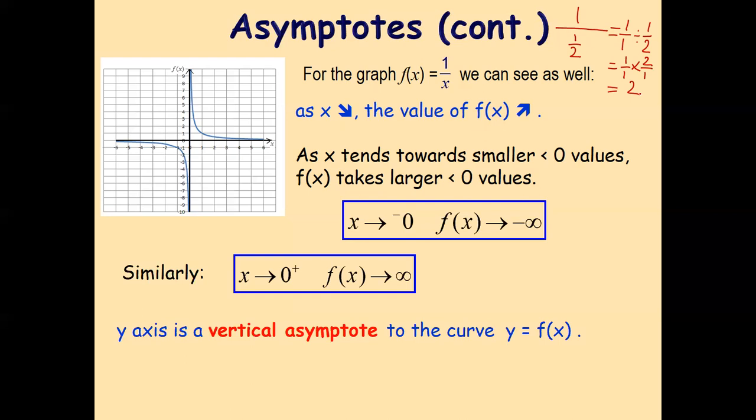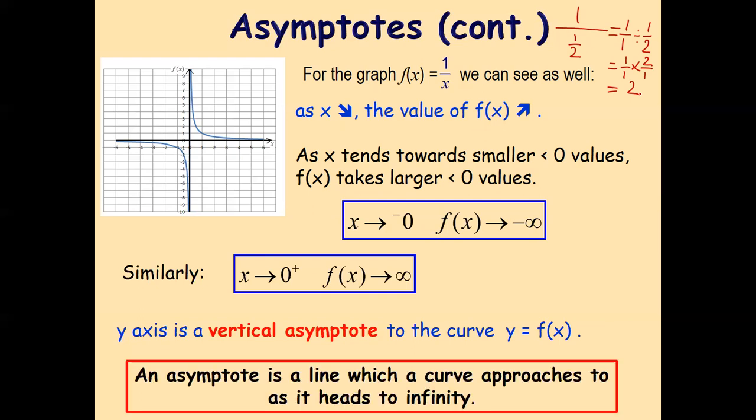It's to do with how the function behaves as you tend towards a certain value. Okay? So an asymptote is a line which a curve approaches as it heads to infinity. So as the curve is going towards infinity, it approaches a certain line.